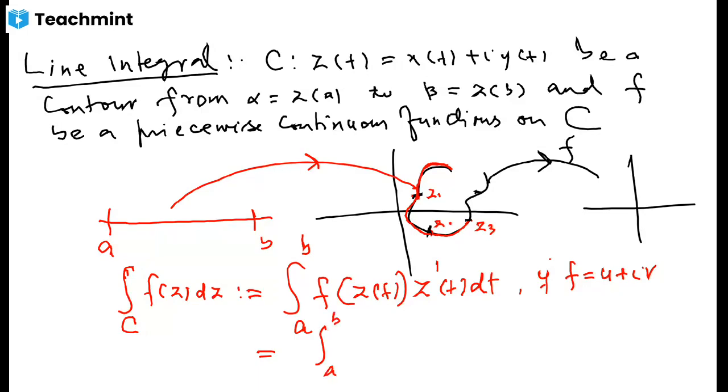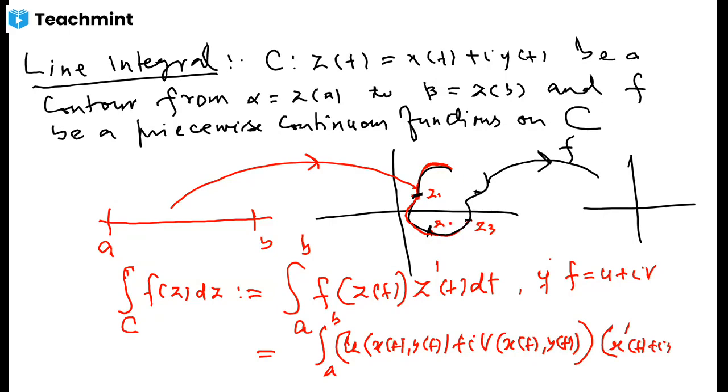Just for lack of space, I will write it as u, a function of x of t, y of t, plus i times v of x of t, y of t, into z prime of t. z prime of t has to be x prime of t plus i times y prime of t, dt.